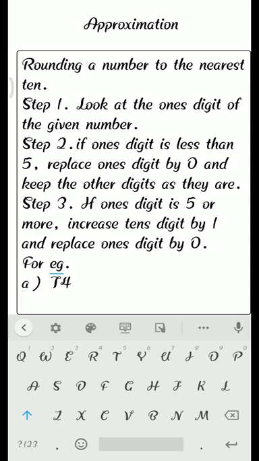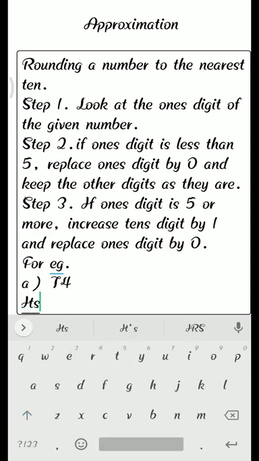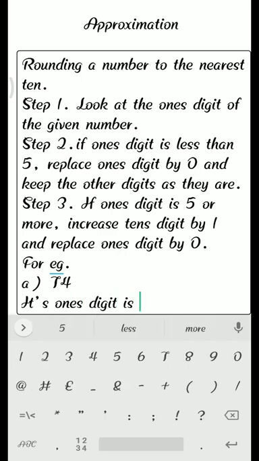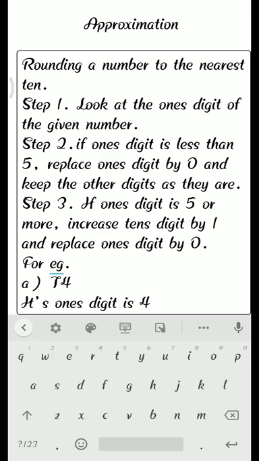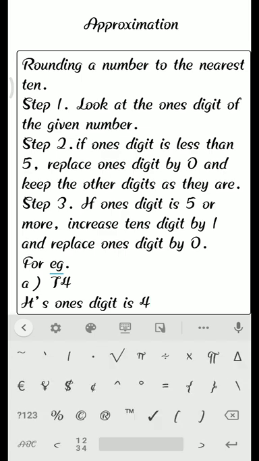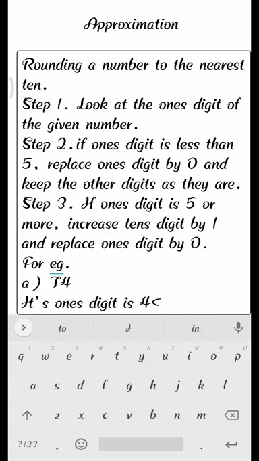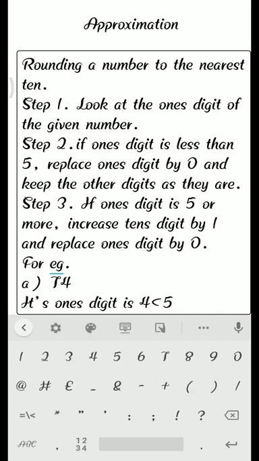So now we know that its ones digit is 4, which is less than 5. So we have to check step 2.